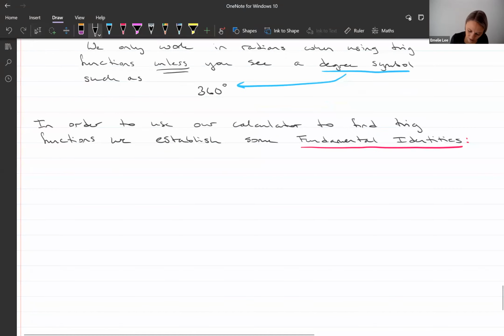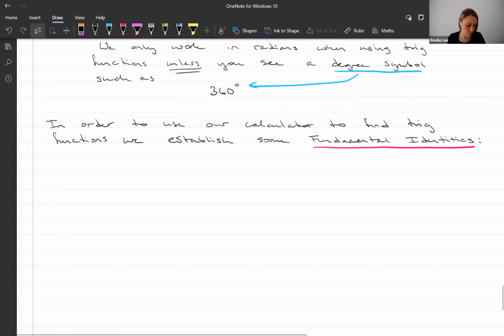The first is in a section called Reciprocal Identities.